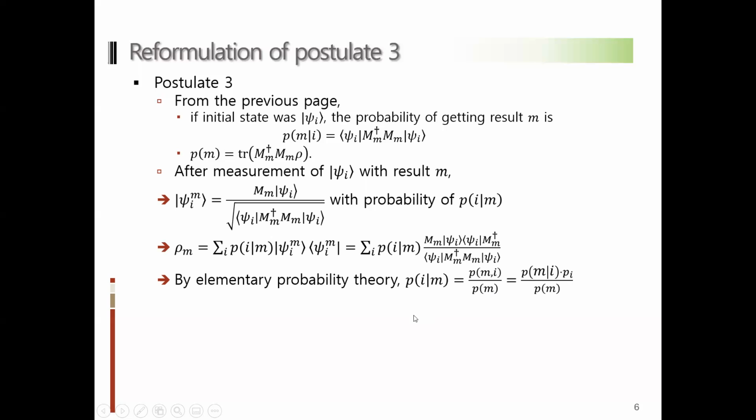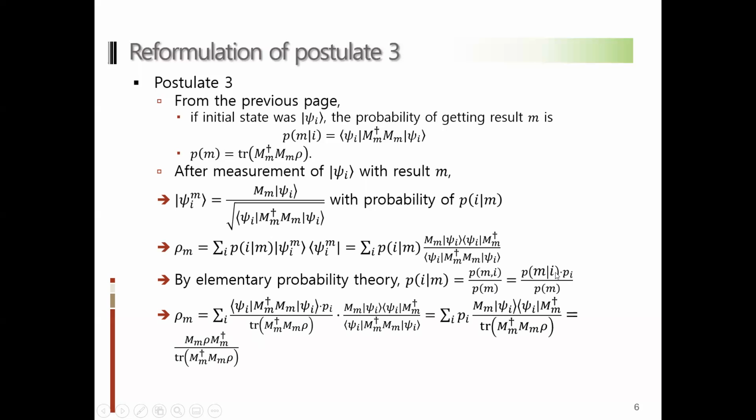If we replace this with this expression, then according to our previous result, P of m given I is simply like this. So I can replace this expression with this one, and I have this p sub I here, and P of m is obtained here. So the denominator will be replaced by this one.